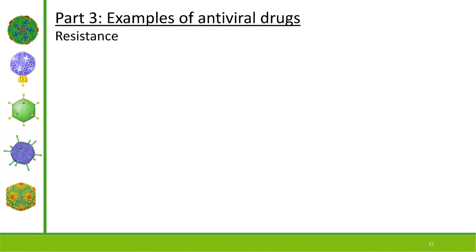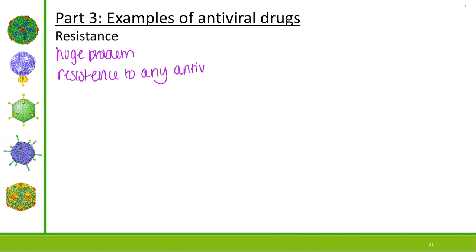For part 3, we're going to talk about examples of antiviral drugs. We're going to save most of the conversation of the mechanism of action for day 2. Today we're going to talk about resistance. As you can imagine, resistance is a huge problem. Currently, we have resistance to any antiviral, and pretty much any antiviral that we will probably discover, we will have resistance to it.